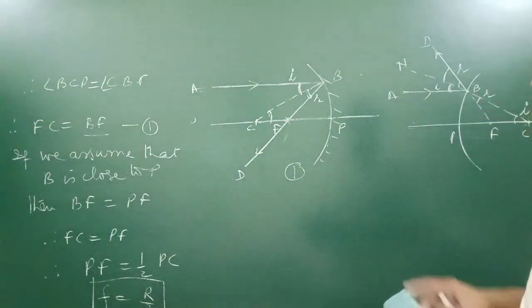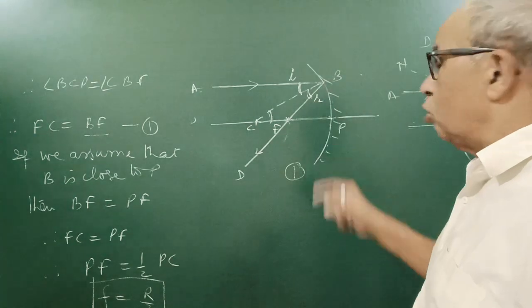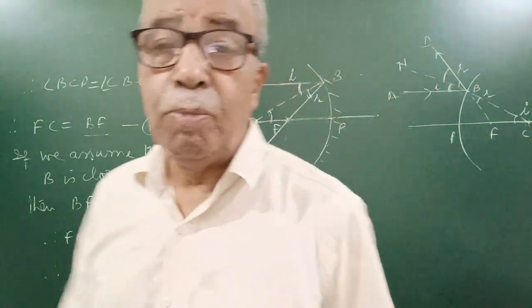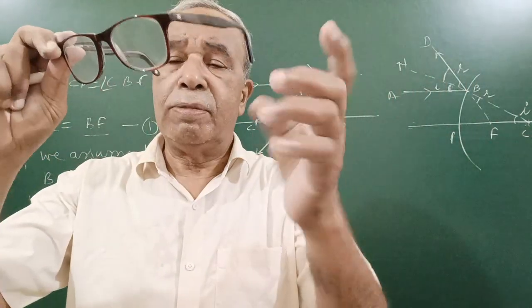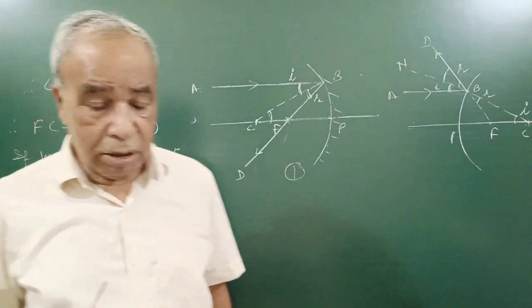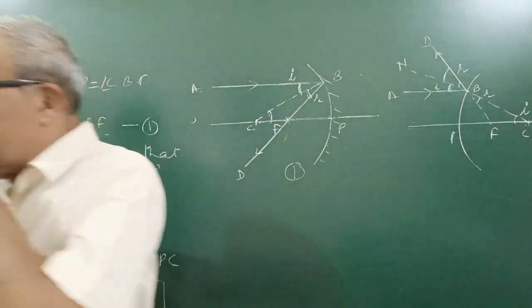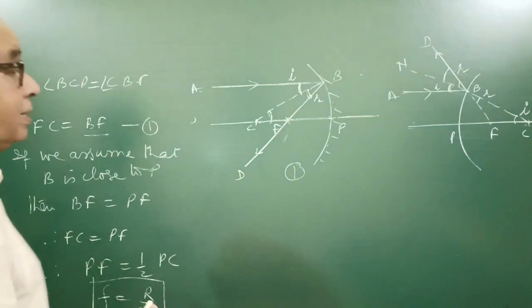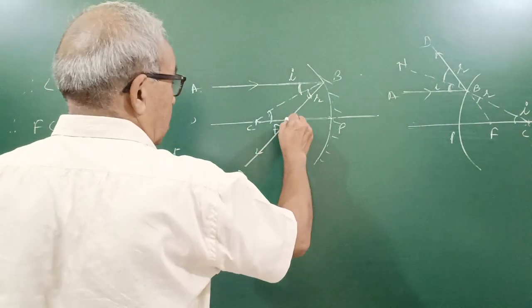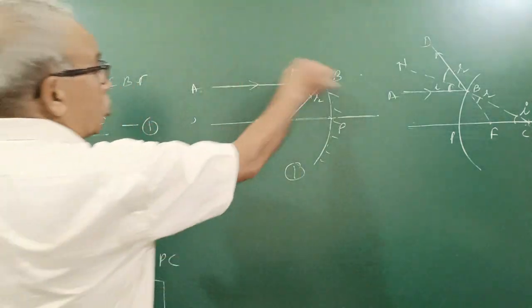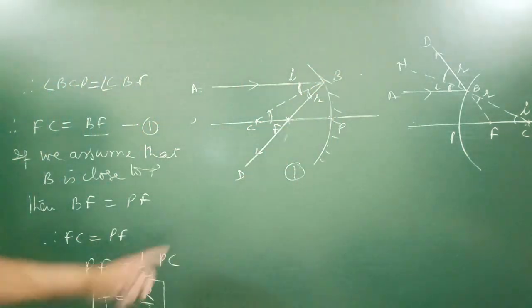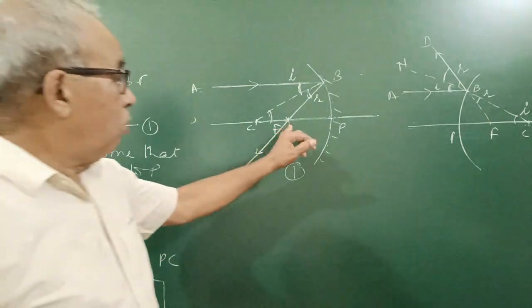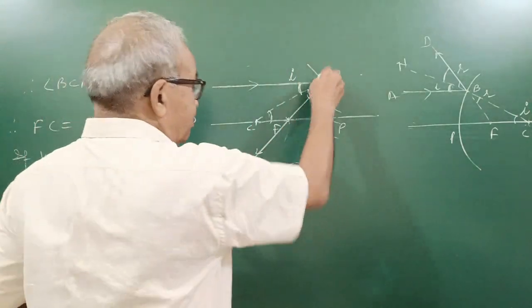So here there is an assumption that B is close to P. Actually the size of the mirror is small and distances are large, so we can assume this point B. But this is not exactly true. If it is far, then what will happen? Then F will not be at this point; the rays will meet somewhere else.